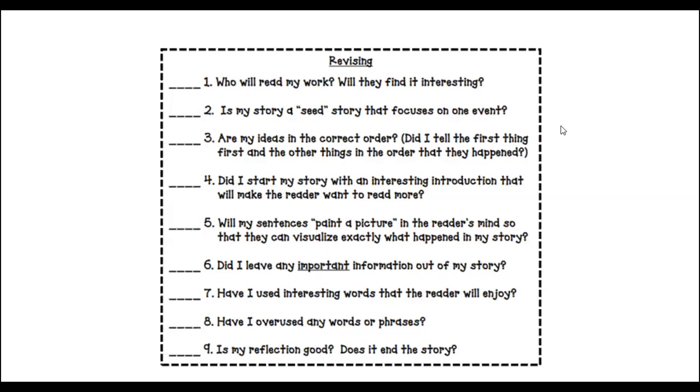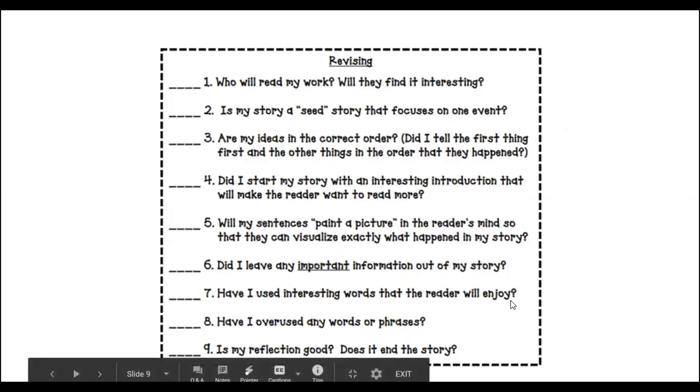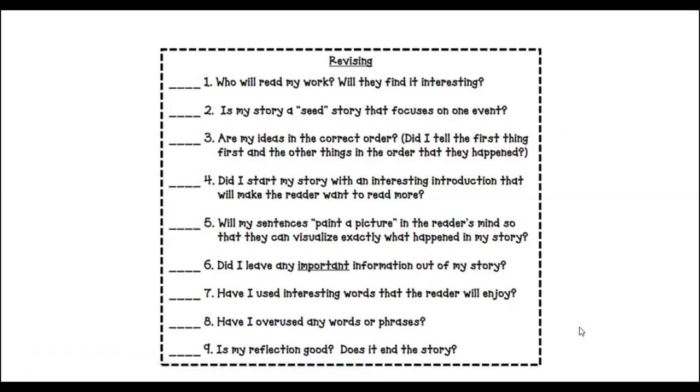Did you leave any important information out of your story? Have I used interesting words that the reader will enjoy? Have I overused any words? Did you tell things that happened in order? These are some things you should think about while rereading your text.